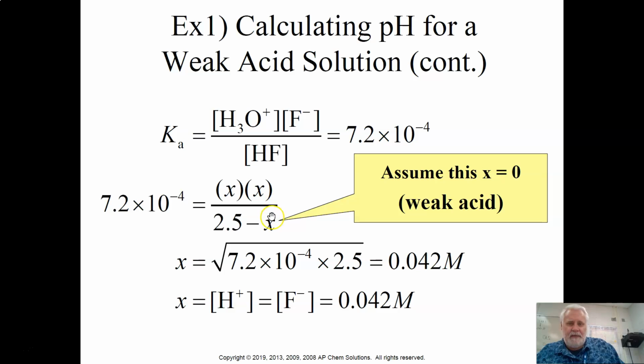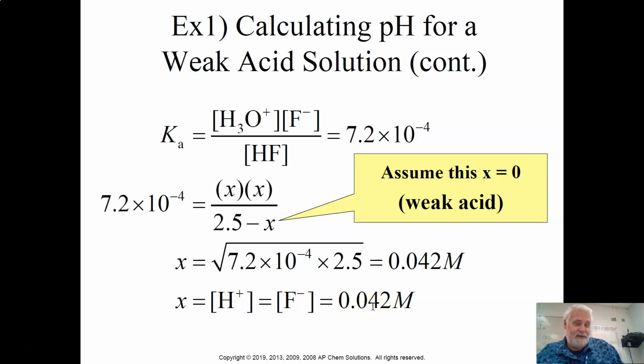So now you go ahead and take x squared, of course, is going to be, bring this 2.5 over there. You're multiplying those together and taking the square root, and you're watching your sig figs, which of course are 2 all over the place. So boom, answer: 0.042 molar. All right, and both of those two things will be equal.